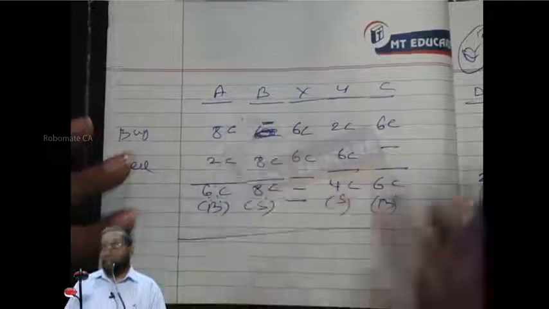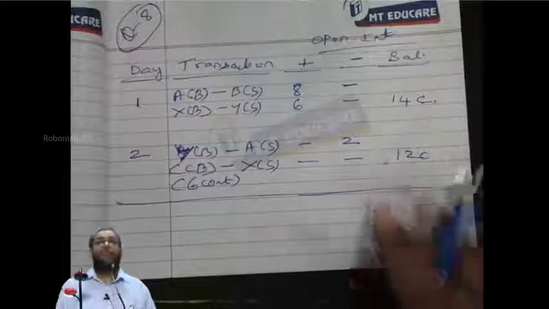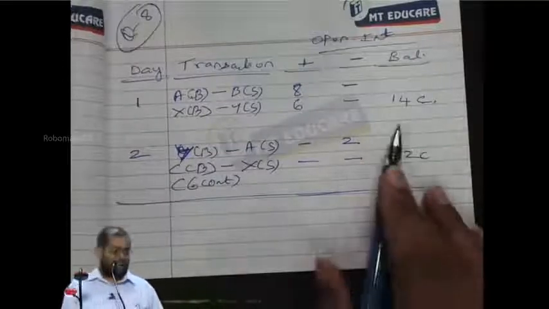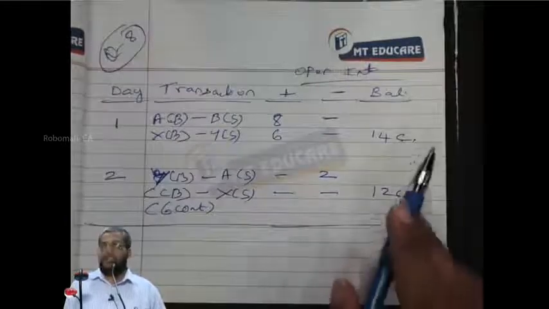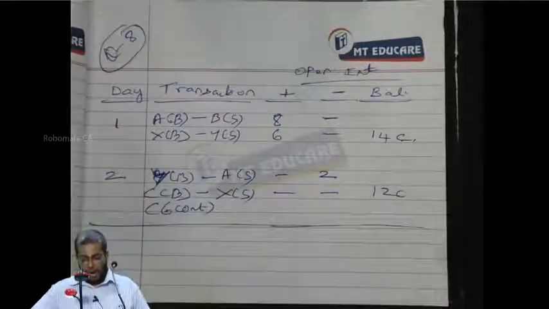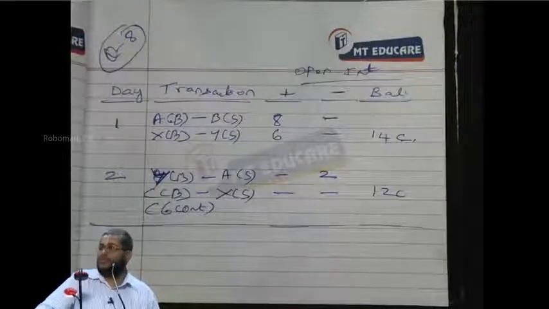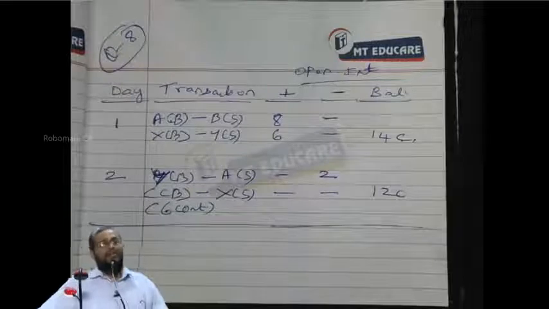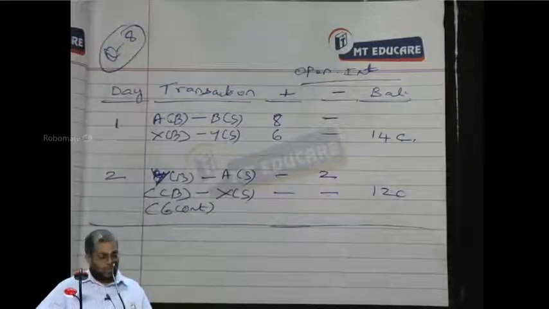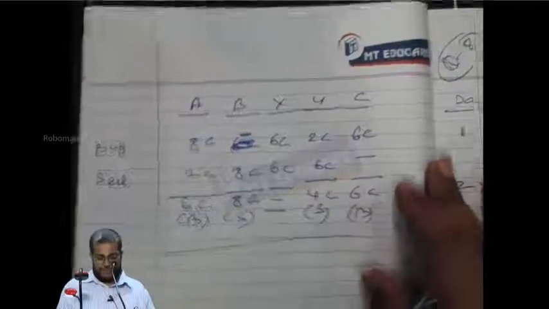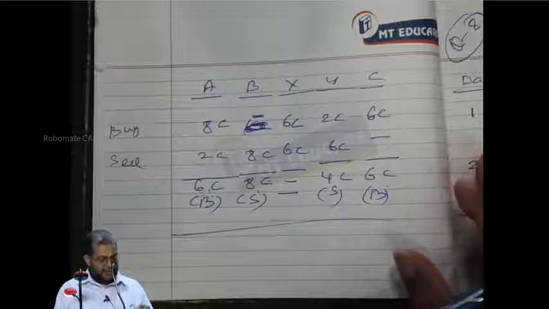So this you have copied. You copy this, write down. The open interest at the end of day 2 is how many contracts? 12 contracts. The open interest at the end of day 2 is 12 contracts, which can be understood in more detail as follows.